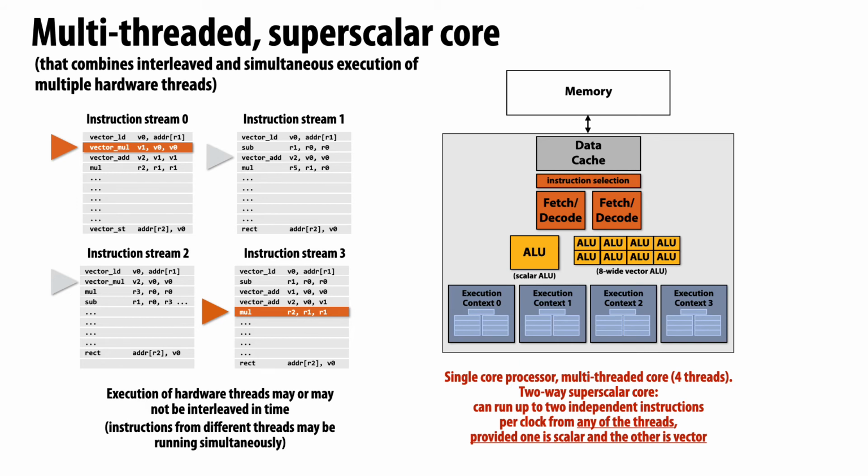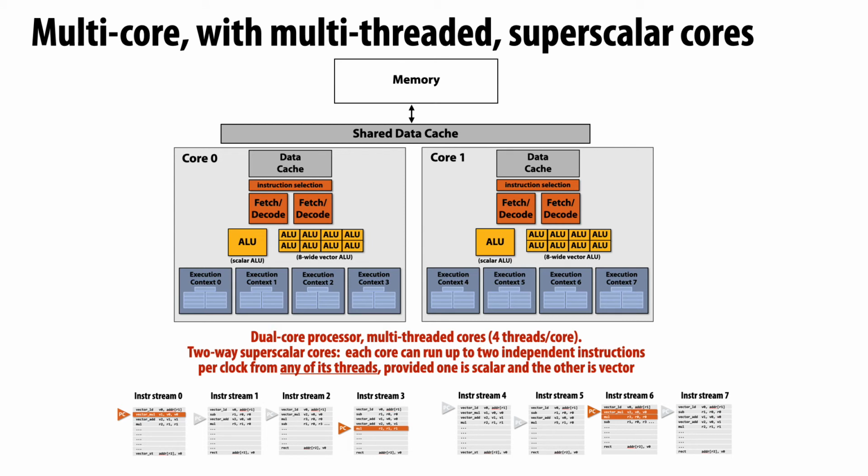Now, everything that we just talked about, of course, we can replicate across cores. So here I'm going to take the single core processor and duplicate the core, and now I have a dual core processor. Each of those cores is 4-way hardware multi-threaded. There's 4 execution contexts. Each of those cores is 2-way superscalar.